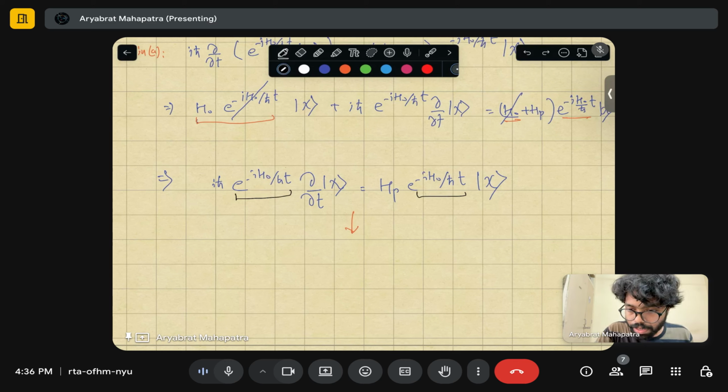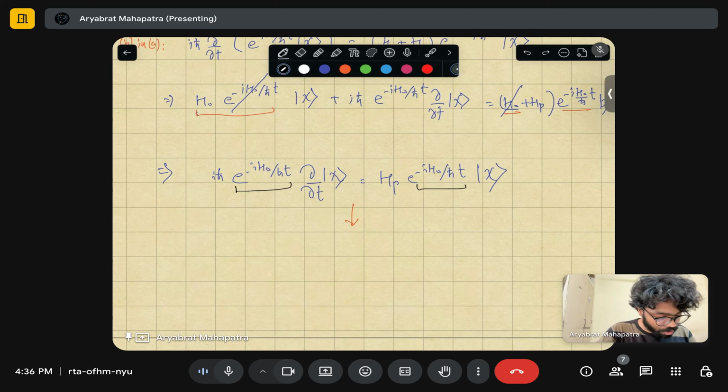Was there any question? Okay, so you were able to cancel this before because you used to think that exponential of I h0 over h bar t times exponential of minus I h0 over h bar t equals one, the identity operator. This is true.